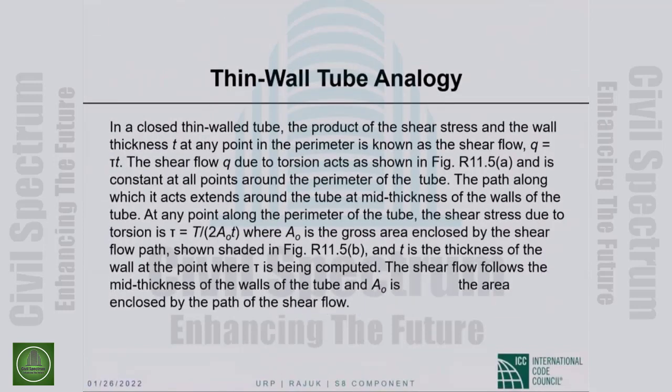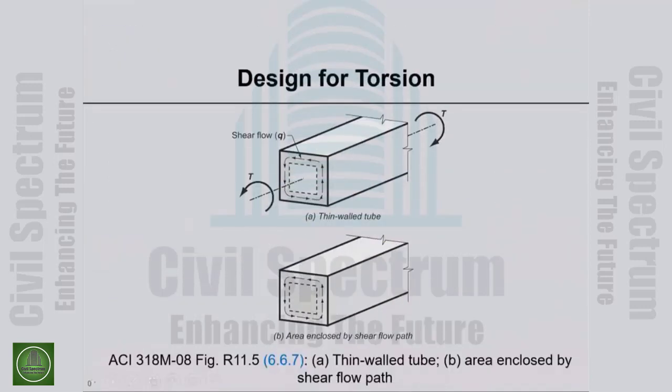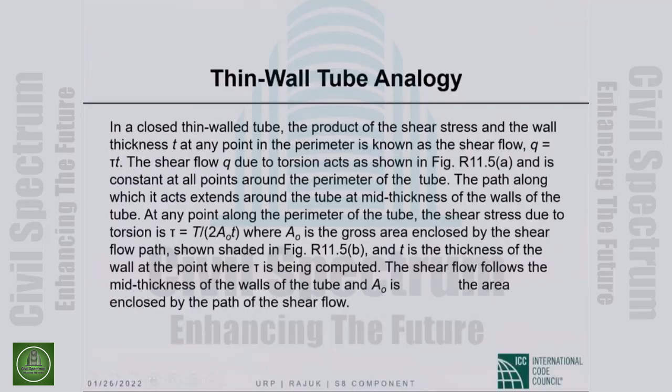So at any point along the perimeter of the tube, the shear stress due to torsion is T, the torsion causing the stress, divided by 2 A sub 0 T, where A sub 0 is the gross area enclosed by the shear flow path.